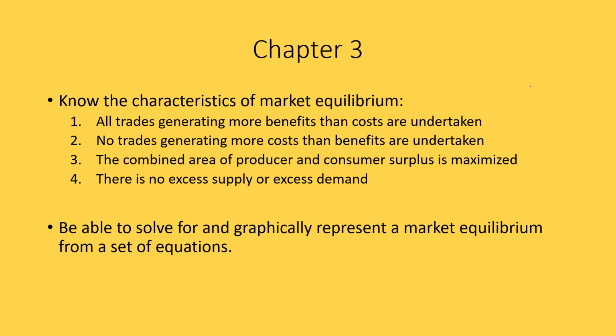Also, the combined area of that producer and consumer surplus, called total welfare, is maximized or as big as it can possibly be when we are in market equilibrium and there's no excess supply or excess demand. So there's no situations where quantity supplied is greater than quantity demanded. Remember, if that did exist in a free and unregulated market, there'd be a tendency for price to go down, causing people to produce less and people to buy more until you're in equilibrium.